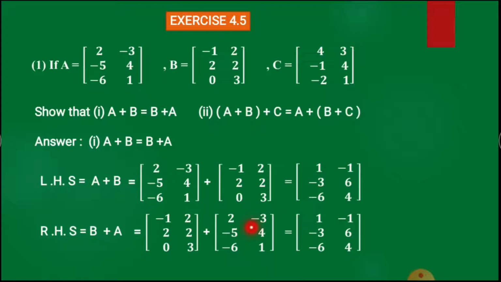Then 2 with minus 3, we get minus 1, 2 with minus 5, we get minus 3, 2 with 4, we get 6, 0 with minus 6, we get minus 6, and 3 with 1, we get 4. So if you observe, value of LHS and value of RHS are equal matrices. So by equality of matrices, we say A plus B equals B plus A. So right, LHS equals RHS.